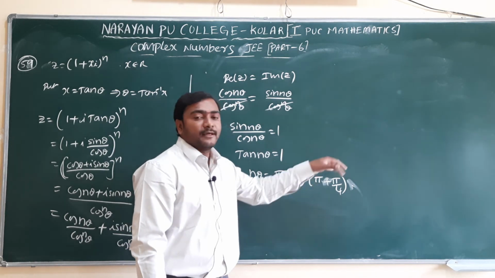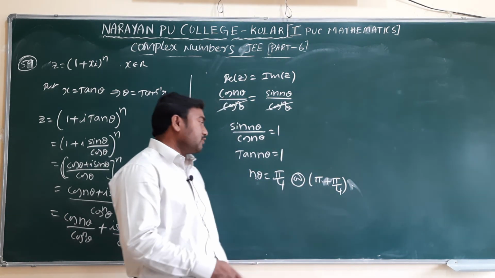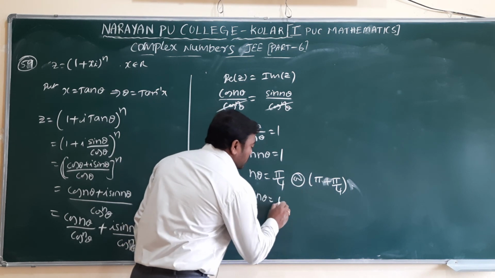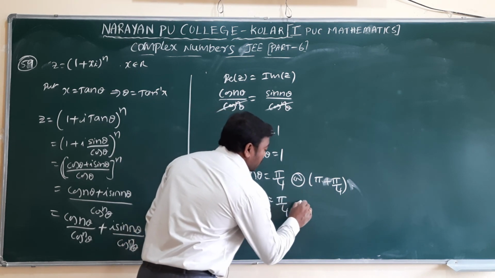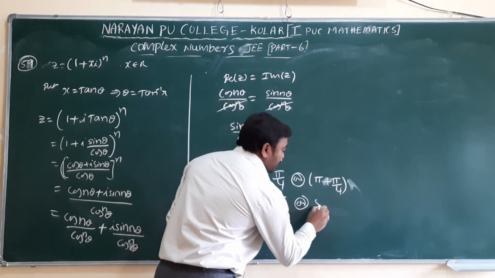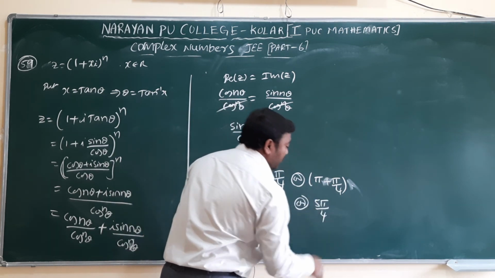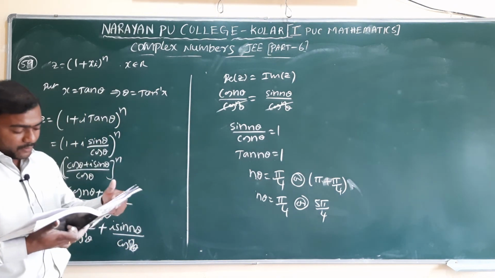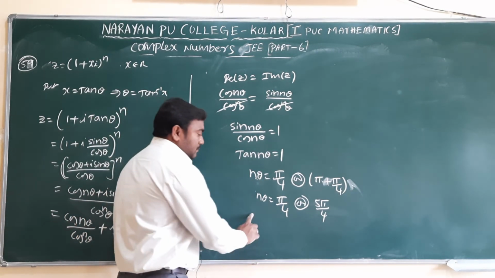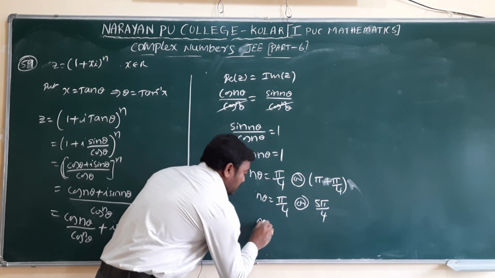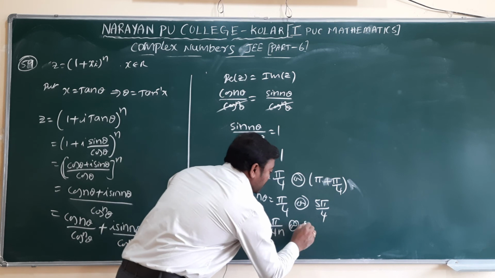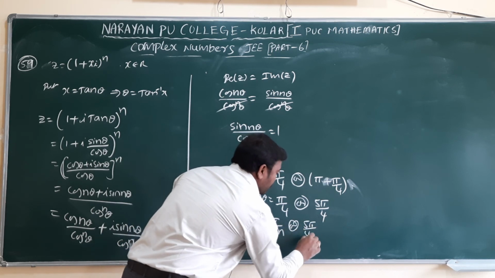Here n theta is equal to pi by 4 in the first quadrant, or in the third quadrant it should be pi plus pi by 4, since tan is also positive in the third quadrant. Taking the LCM 4, n theta is equal to pi by 4 or 5 pi by 4. So theta is pi by 4n or 5 pi by 4n.